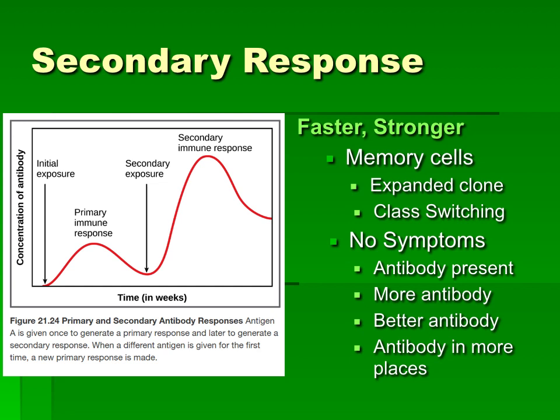We're also going to produce much more antibody, maybe 1,000 times or 10,000 times more, and that antibody will bind to the antigen better, and it will be in more places. It will be secreted onto our mucous membranes, in our sweat, in our tears. It'll be in mast cells. It'll be all over the body, and so we get much better. Okay, and so this is the whole purpose of vaccination, is to generate these secondary responses, because generally people don't get sick.